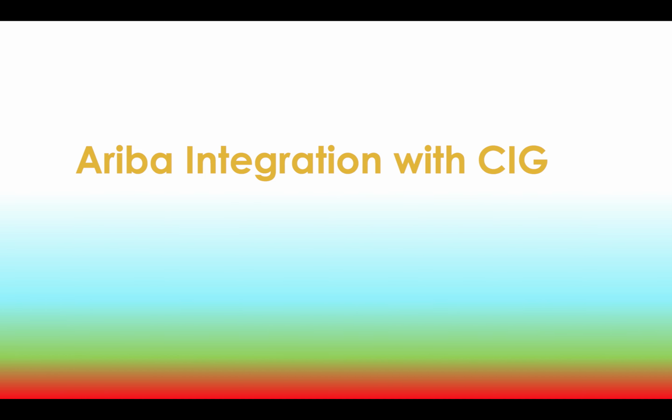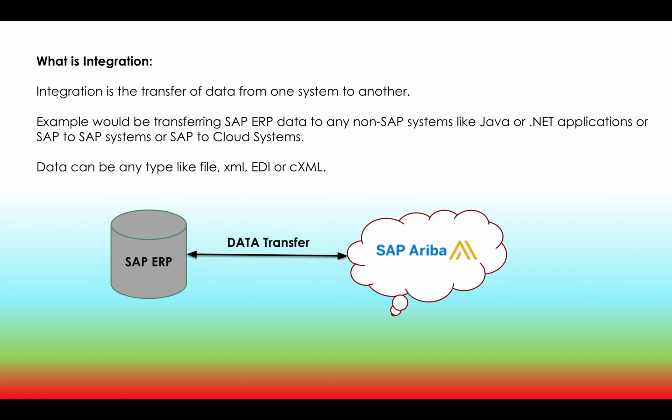So now, what is integration? Integration is the transfer of data from one system to another. Examples would be transferring SAP ERP data to non-SAP systems like Java or .NET applications, or SAP to SAP systems, or SAP to cloud systems.